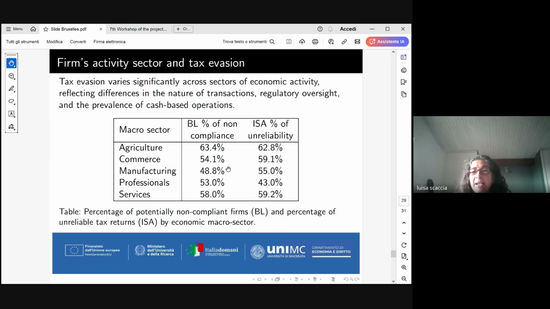This is followed by services and commerce, while manufacturing and professionals are less affected by tax evasion, even if their ordering, their ranking, is different under the two different measures.